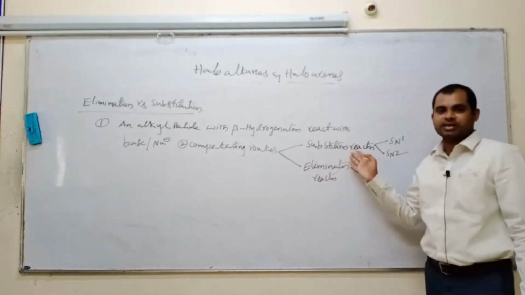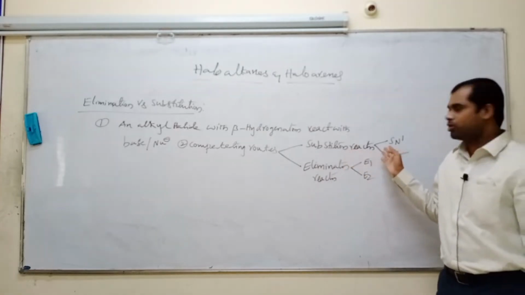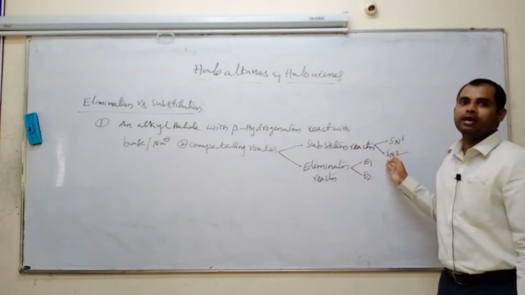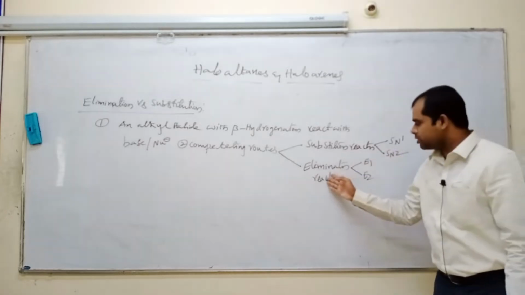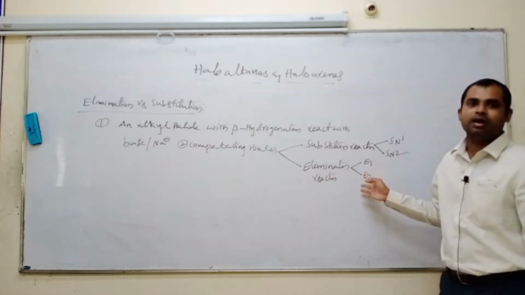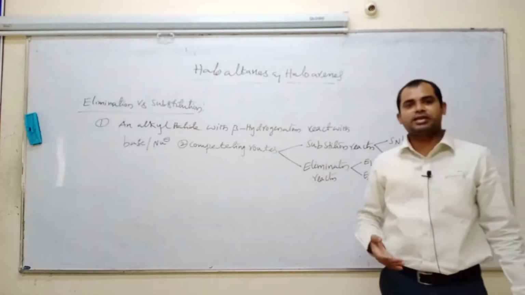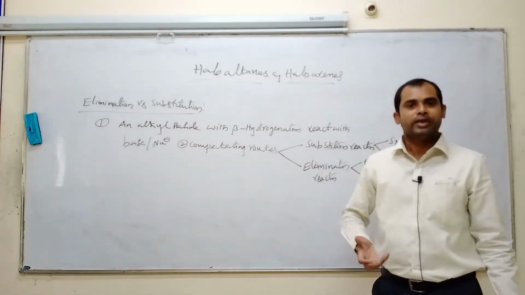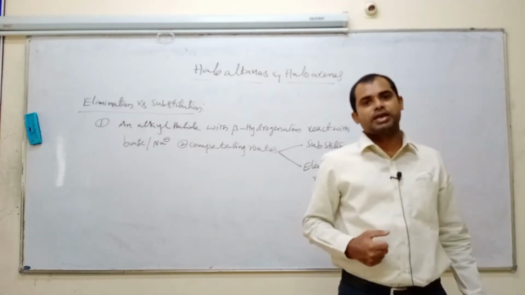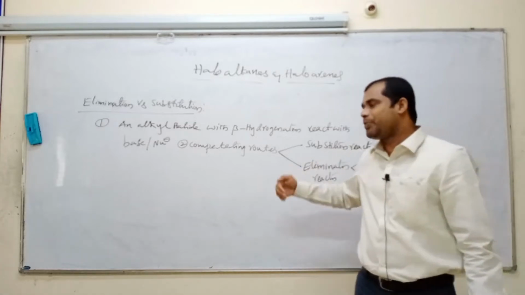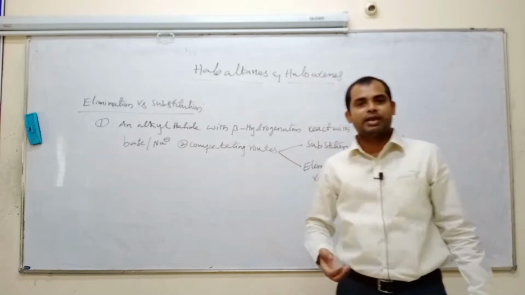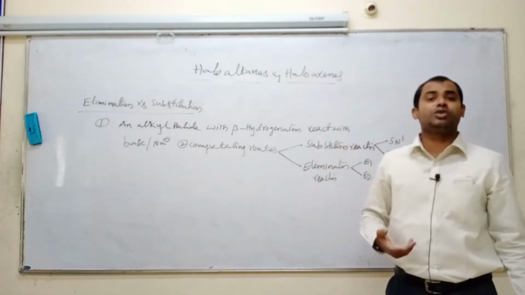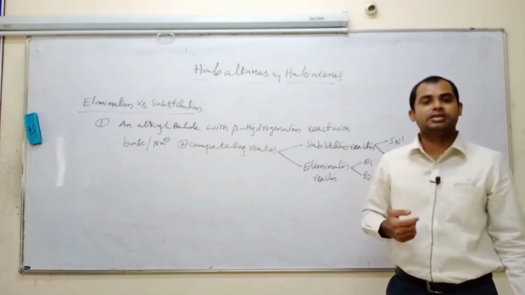You know substitution reaction has two types, that means substitution takes place by either SN1 or SN2 mechanism. In the same way, elimination takes place by either E1 or E2 mechanism. How to decide which reactions undergo substitution and which undergo elimination? Here it depends upon the strength of the alkyl halide, the size or base of the nucleophile, and reaction conditions.